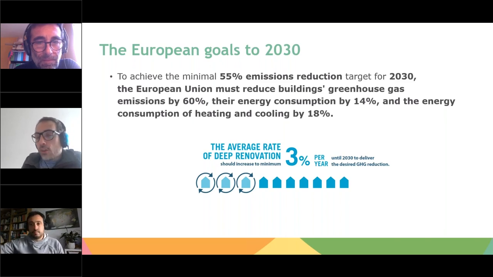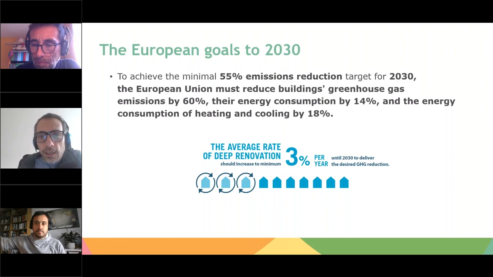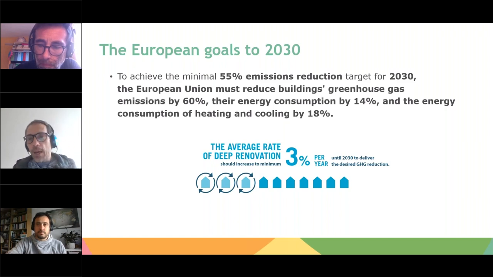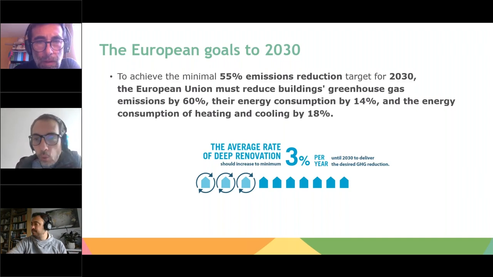Most important of that is to keep or raise an average rate of deep renovation of about 3%. I know many countries like Spain are under this rate, so we have to keep up. We have to speed up the renovation rate if we want to achieve this.